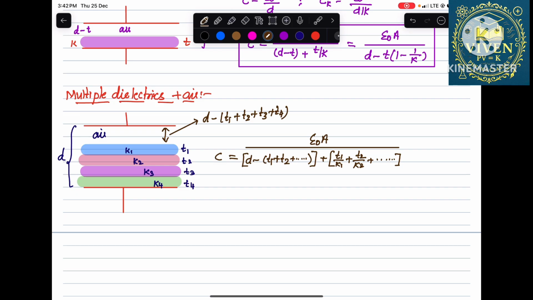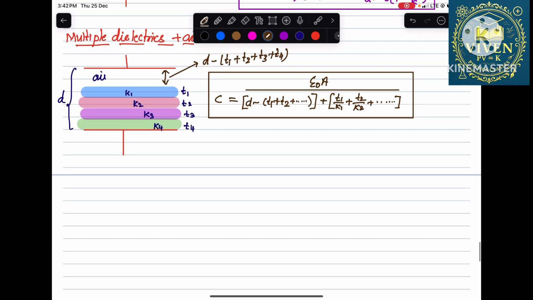So now in this way I can find out the entire capacitance of the total dielectrics plus air combination. Clear guys? So now see, such a beautiful thing, only for the air we need to find out that distance, and then the remaining as usual for the dielectric whatever you are writing straight away.